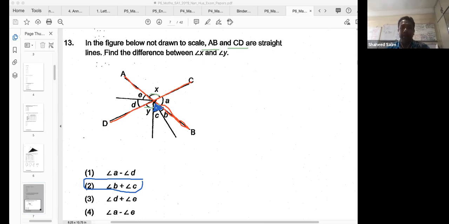This plus the blue plus the green is the same as the X. You agree? Blue plus green is the same as X. So X minus Y, the difference between X and Y, means X minus Y is equal to BC. Yeah? I hope it's okay. You must read the question carefully.